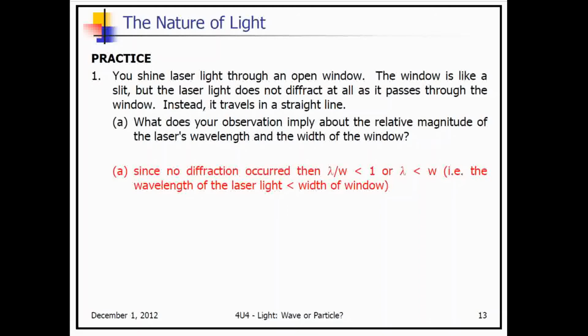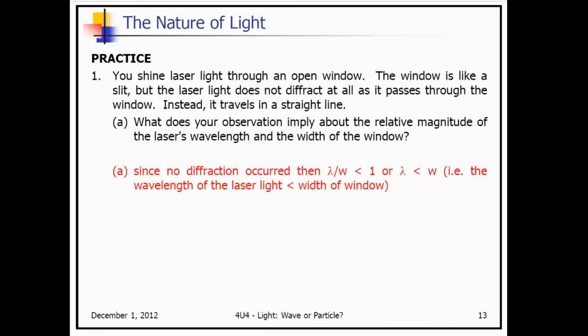So, because we could shoot a laser at a window, and it basically looks like it just goes straight through, you can imagine that the window itself is a tiny slit that the light's passing through. But since we don't see any diffraction, that means that lambda, the wavelength of the laser, is much less than the width of the slit of the window.